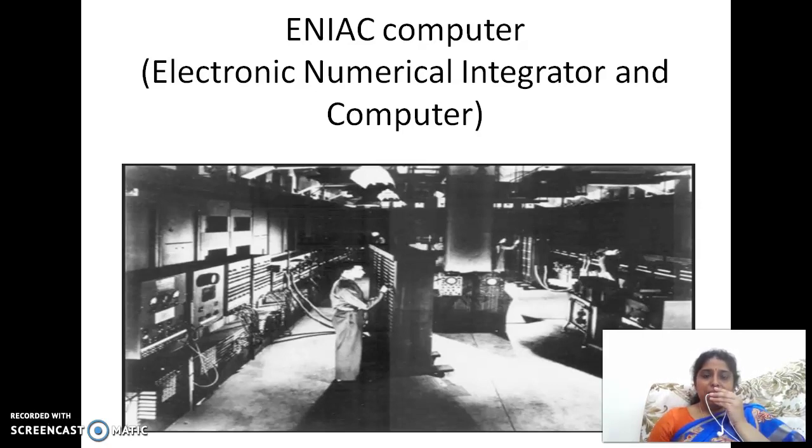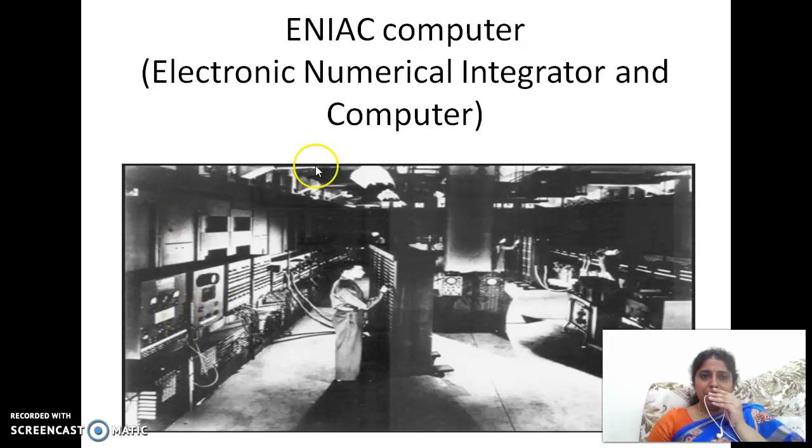So going to some basics of the previous electronics, we used to have ENIAC computers. ENIAC, the Electronic Numerical Integrator and Computer, was formed by vacuum tubes.